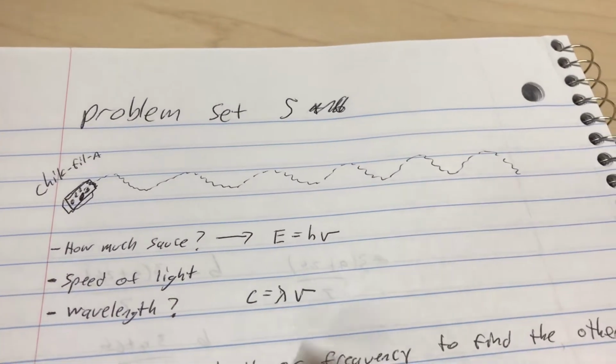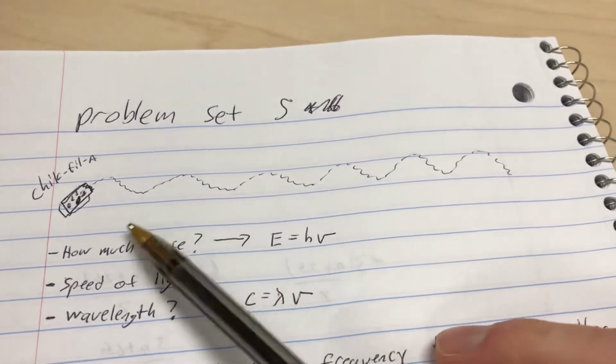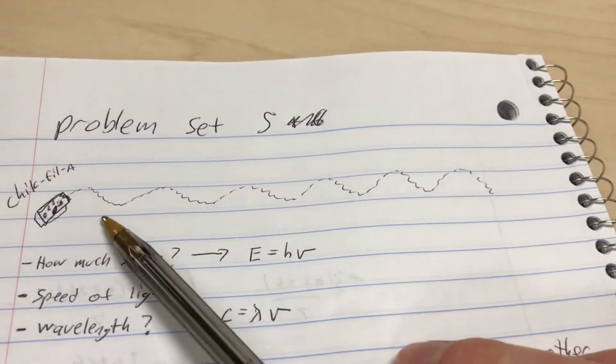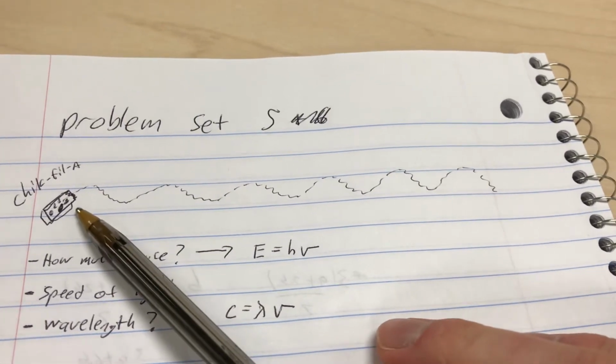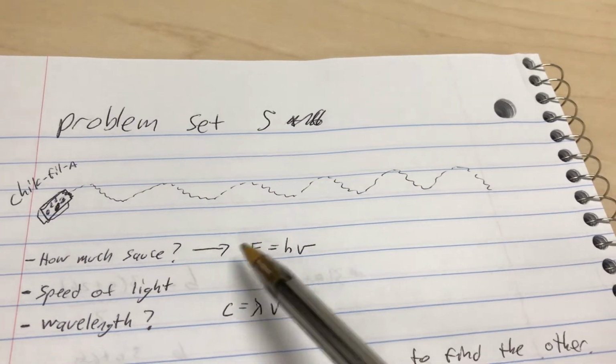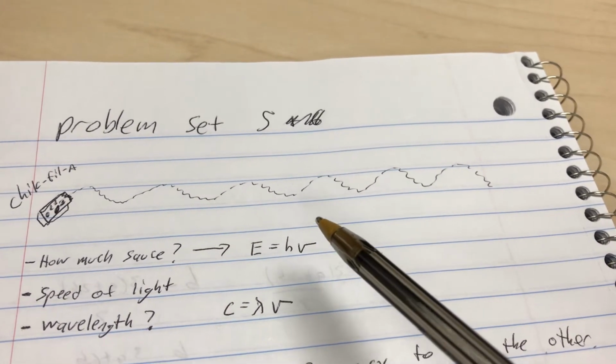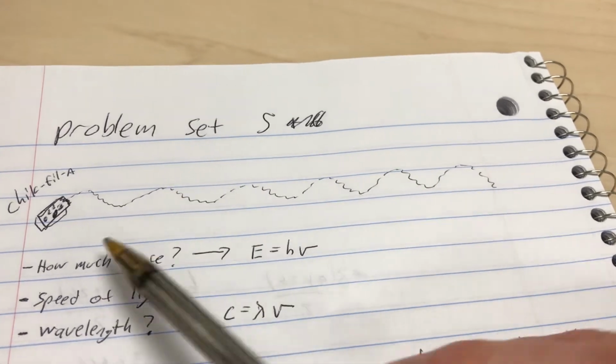So for me to more easily understand how light moves, I drew this Chick-fil-A sauce packet. This packet is full of energy, and it's traveling in a wave, and the frequency and wavelength of the wave depend on the energy. Light moves in these packets.